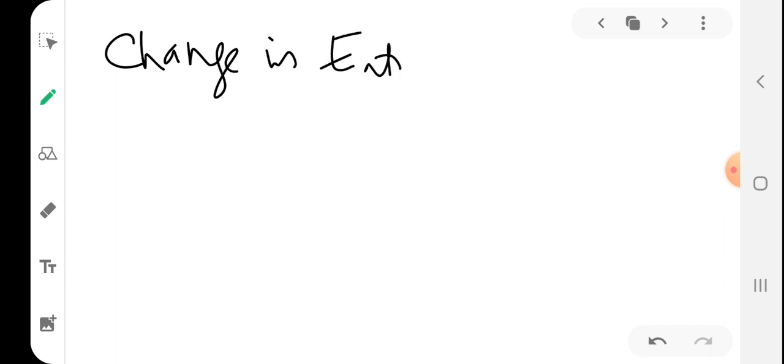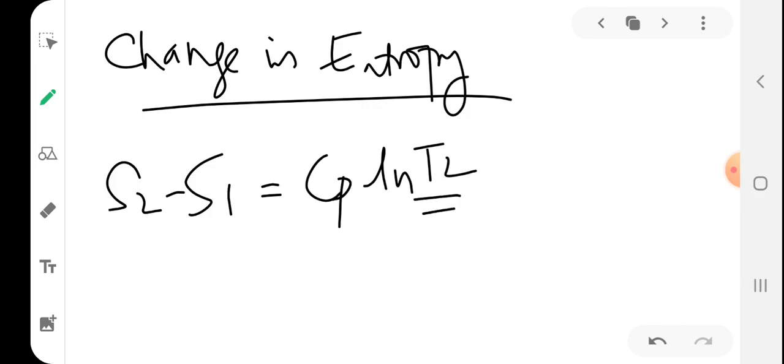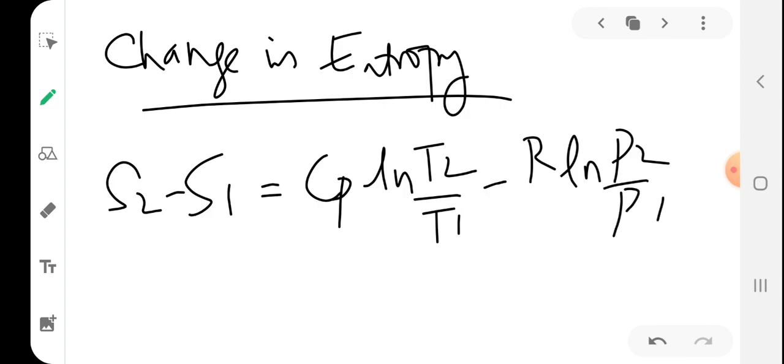Now finally we will find the change in entropy due to heat transfer. Change in entropy, S2 minus S1, is Cp log T2 by T1 minus R log P2 by P1. This is the general equation.